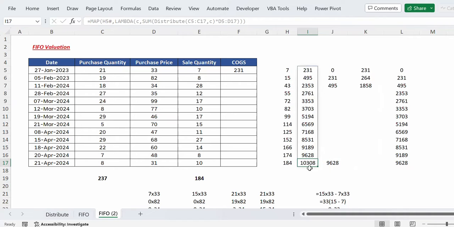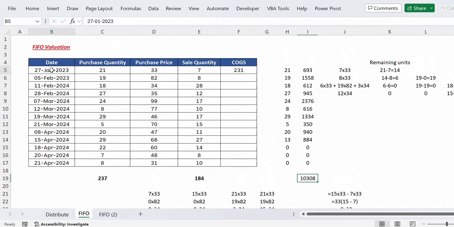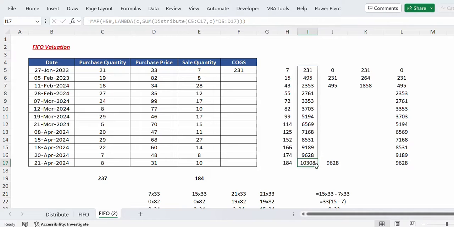And again, 10308, remember, was the final value, the total value of the complete valuation of these 184 quantities. This is what we have got here. So this is the total value, but we want the valuation of only these 10 quantities. Hence from this value of 184 quantities, we are subtracting the previous value of 174 quantities to get only the value of these 10 quantities here.